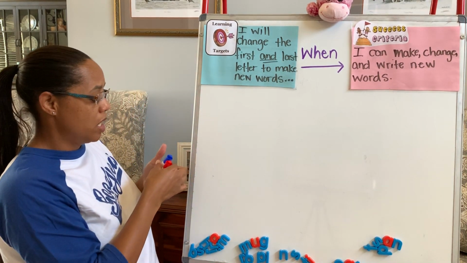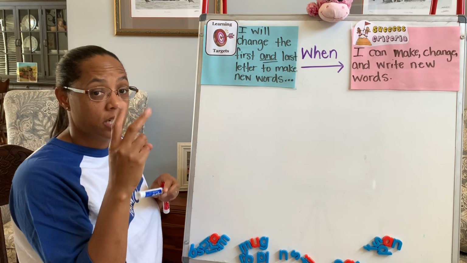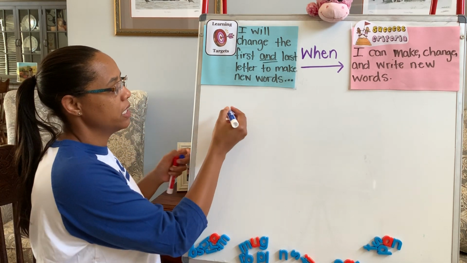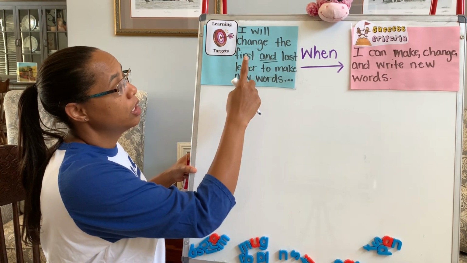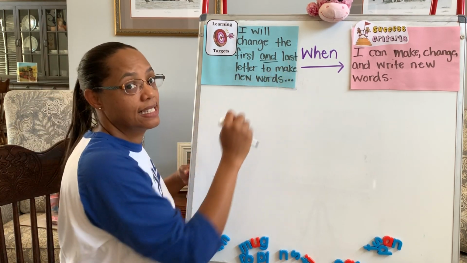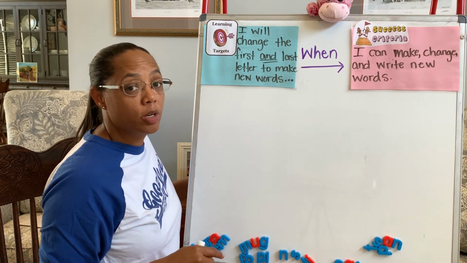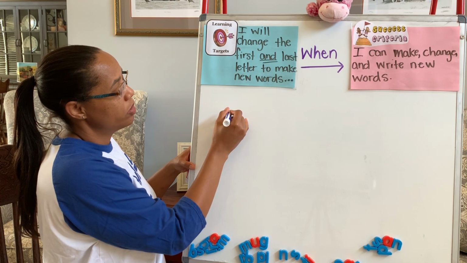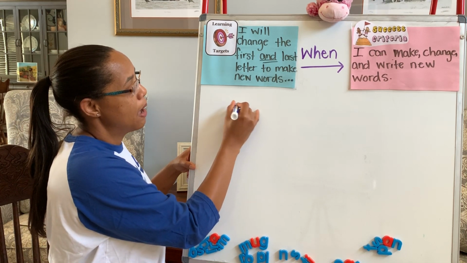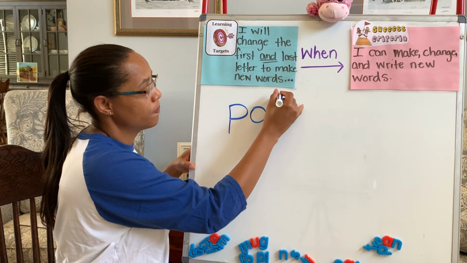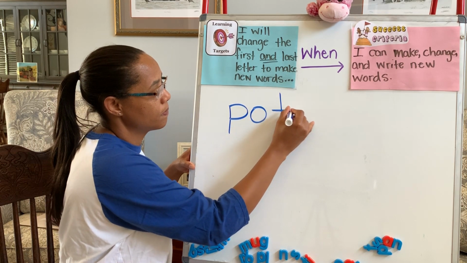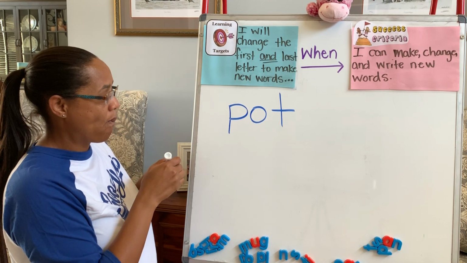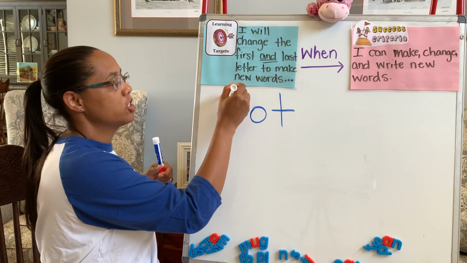Okay? So, you're going to do 2 words. The first word, let's do the last letter. We're going to make a new word by changing it and writing it. So, the first word is pot. Now, on this one, let's change the first letter.